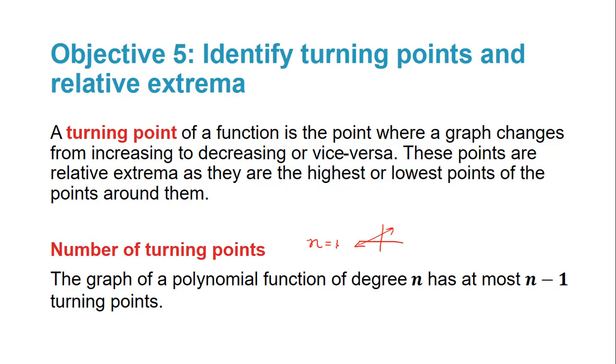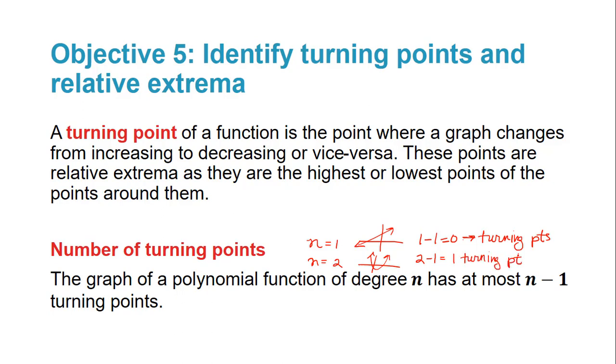So 1 minus 1 is 0, so it has 0 turning points. When the degree is 2, we get the graph of a parabola, and a parabola has 1 turning point. That is 2 minus 1, which is 1 turning point.